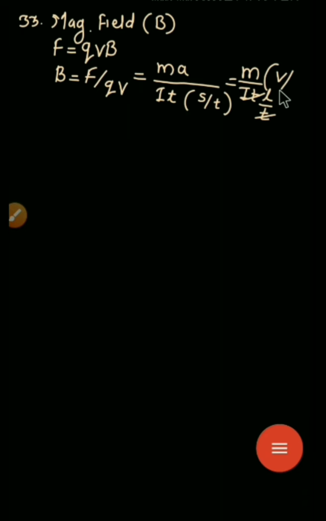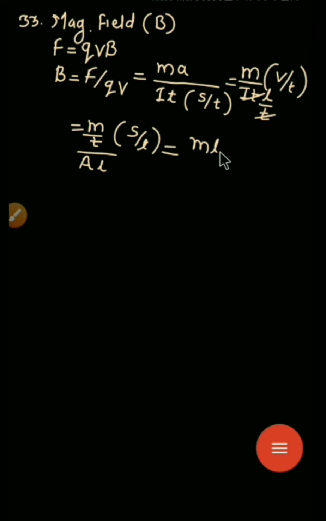Acceleration can be written as velocity upon time. Now we have mass upon time. Then here we have I into L. The fundamental quantity for current is A and this is length. Now we have velocity. Velocity can be written as displacement upon time. So finally we have mass, length, T square, A, L. Again this L will get cancelled.